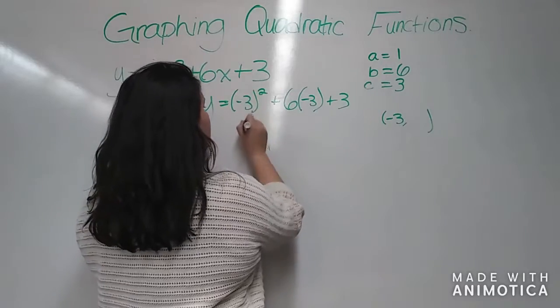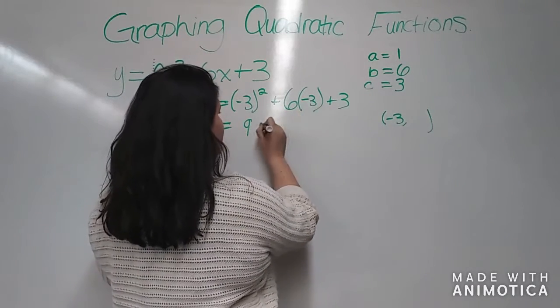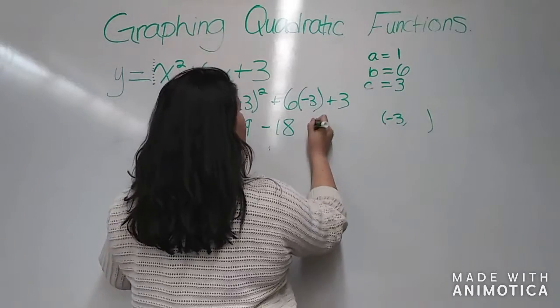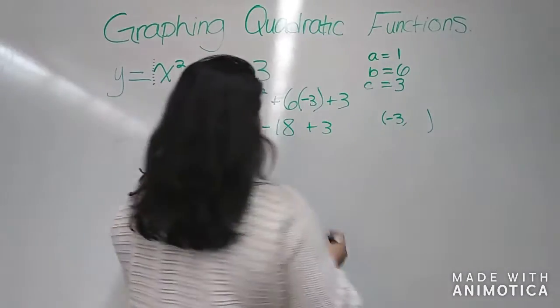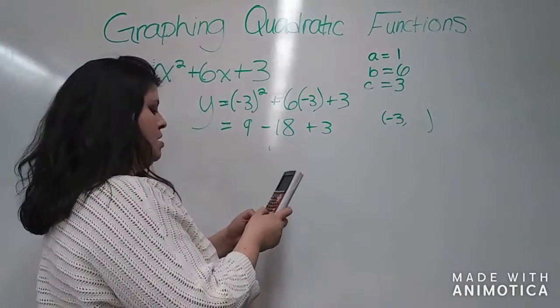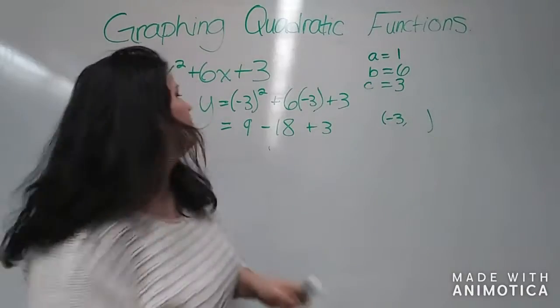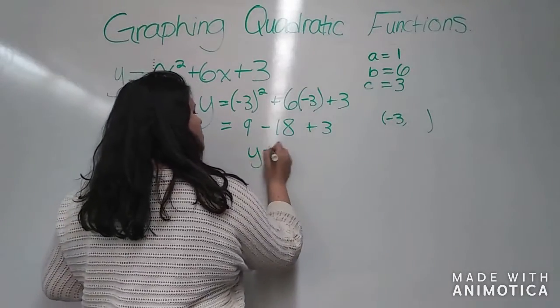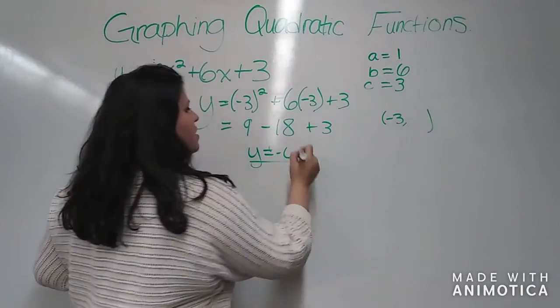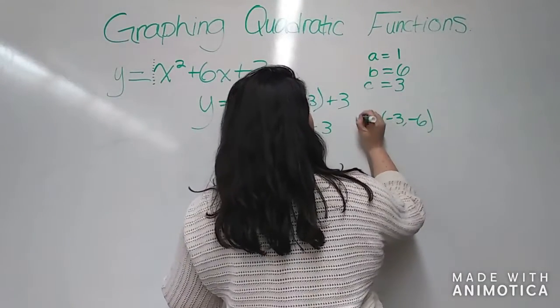Negative 3 squared is 9. 6 times negative 3 is negative 18. And plus 3. All right, assistant time. 9 minus 18 plus 3 is negative 6. y equals negative 6. There's the other half of our vertex.